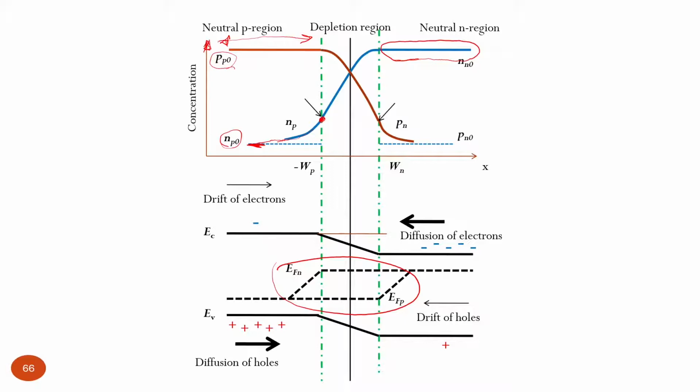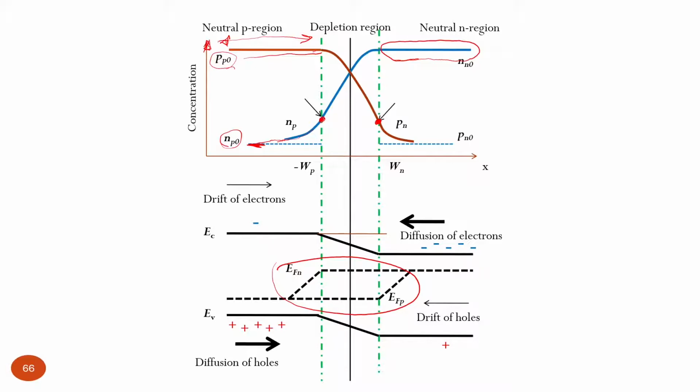So it also goes from very high concentration of holes. We inject them into the n-type region, and obviously next to the interface of this depletion region, their concentration remains quite high.